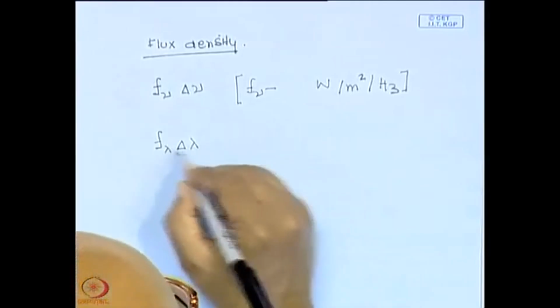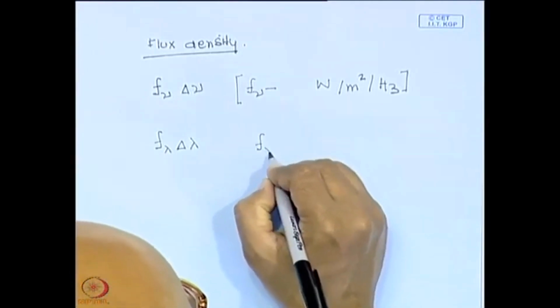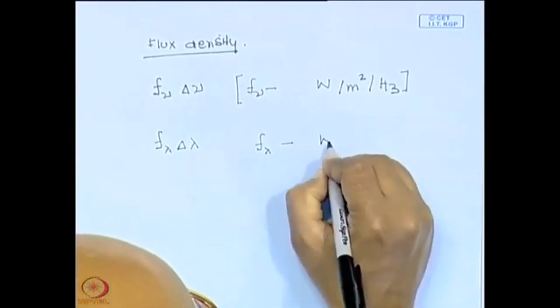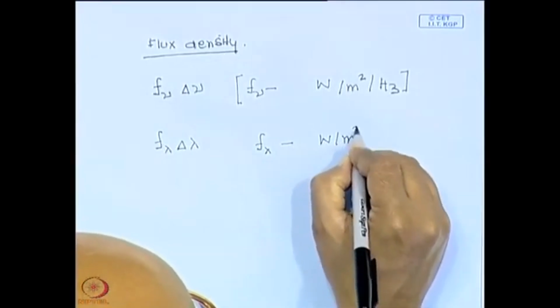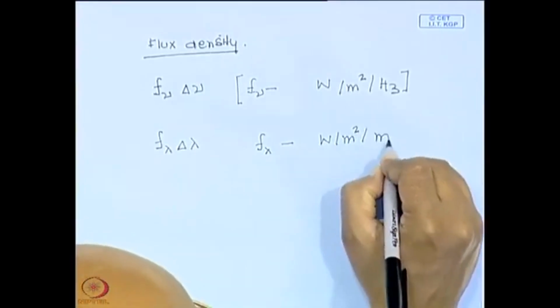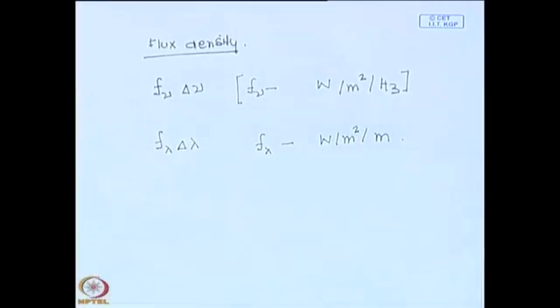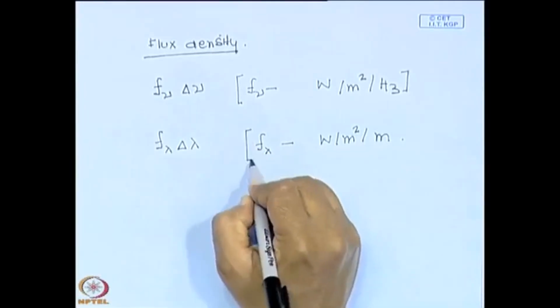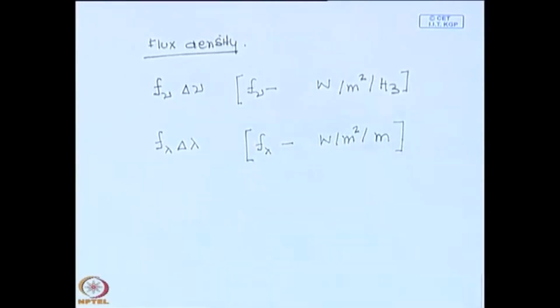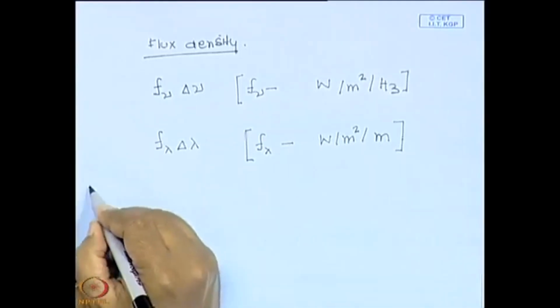So F lambda has dimensions watts per meter square per meter. So this we shall refer to as flux density.